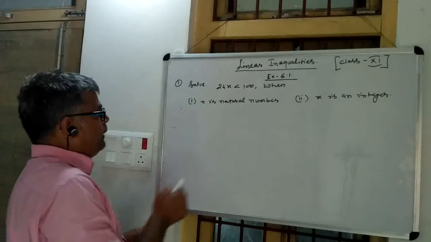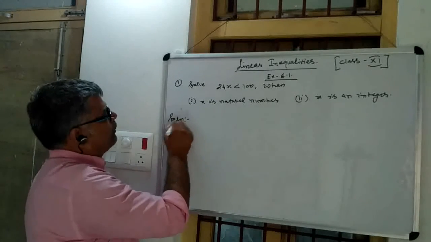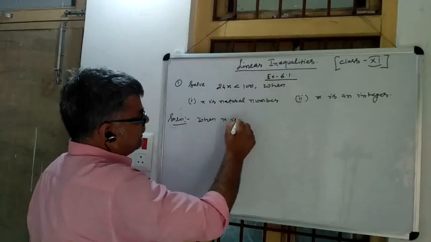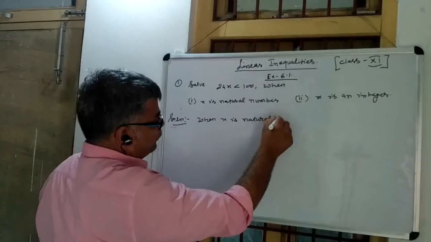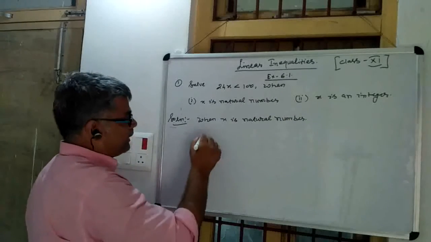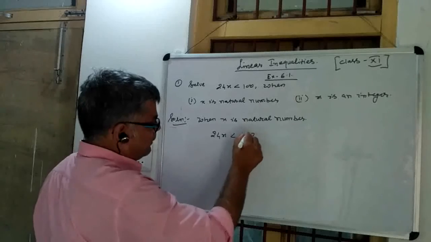First we take part 1 of the solution. When x is a natural number, we write 24x is smaller than 100.